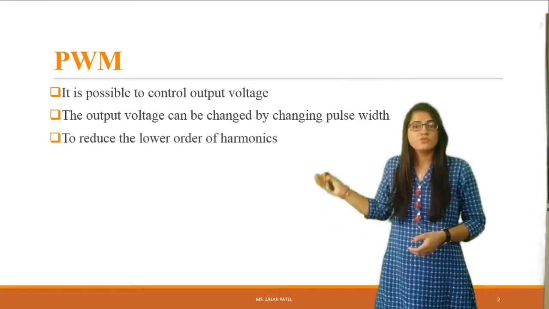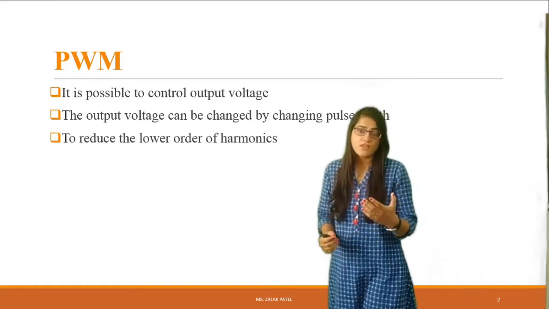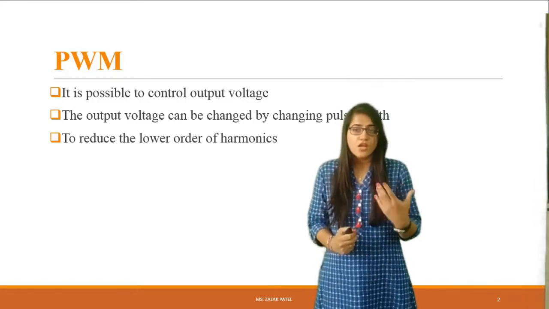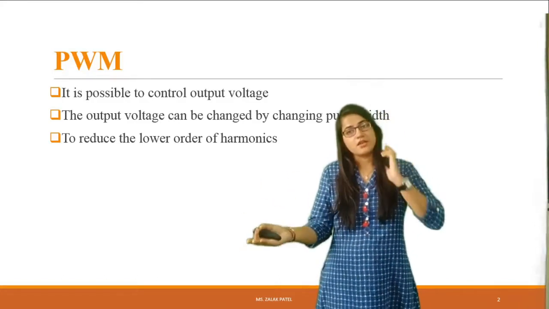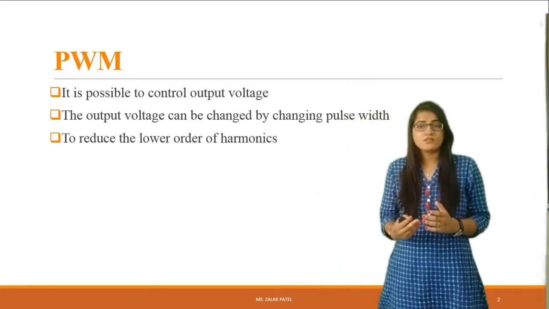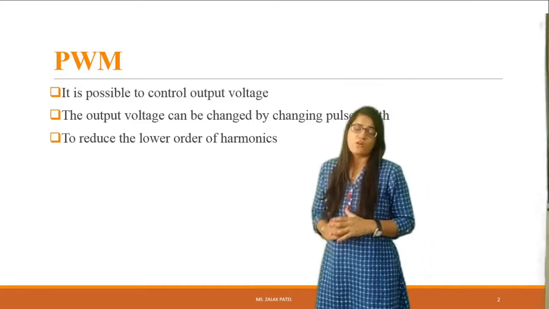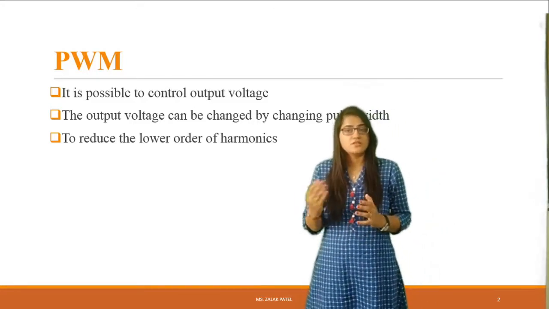The main purpose of pulse width modulation is this: as we already saw, whether we take the half wave inverter or the full wave inverter, some harmonics are generated, and due to that the harmonic factor will be around 60 to 90%.